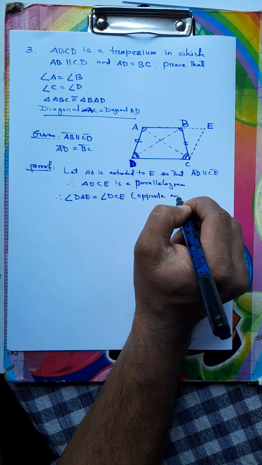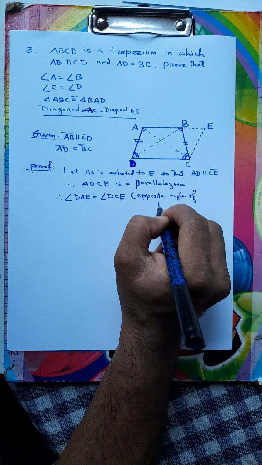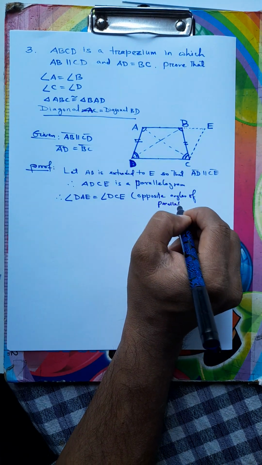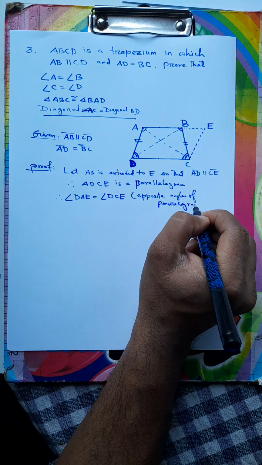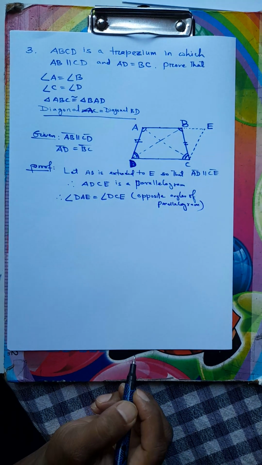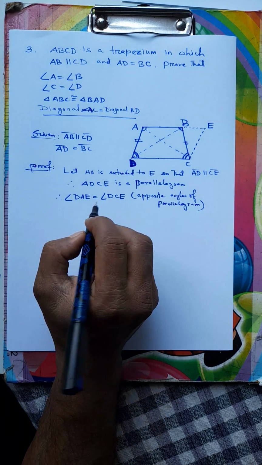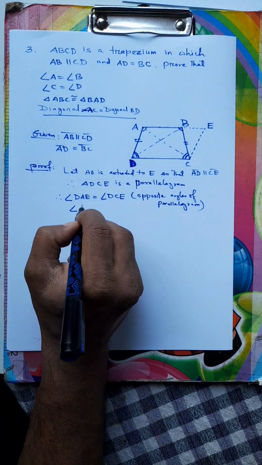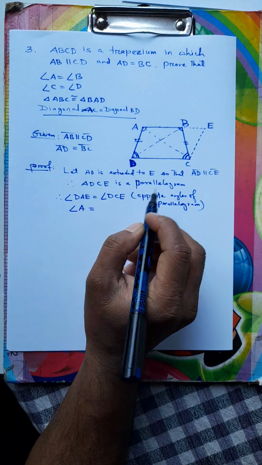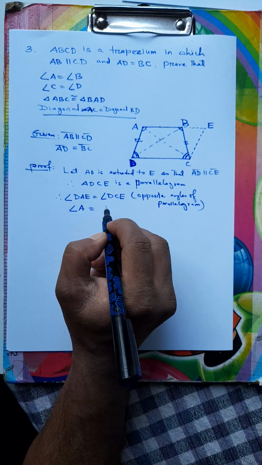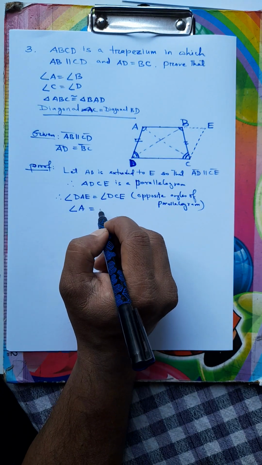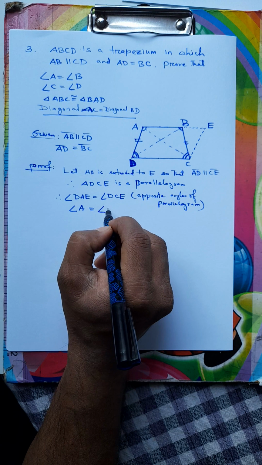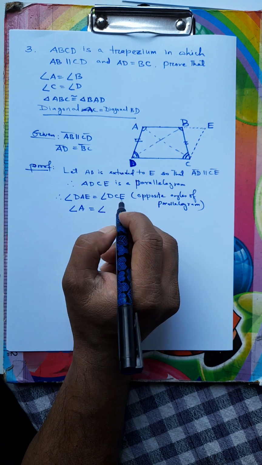Opposite angles of a parallelogram are equal. DAE means angle A in the original drawing. And what is DCE?